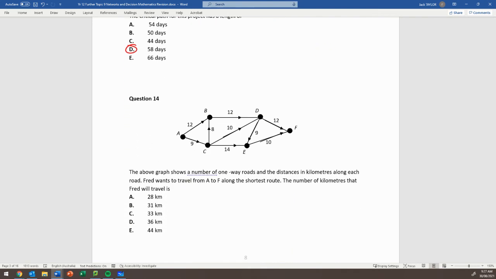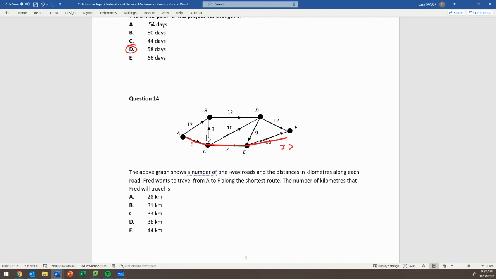The above graph shows a number of one-way roads and the distance in kilometers along each road. Fred wants to travel from A to F along the shortest route. The number of kilometers that Fred will travel is, all right, so again, shortest path, trial and error. There's only really so many ways he can go. You could go 9, 14, and 10, which is 33.